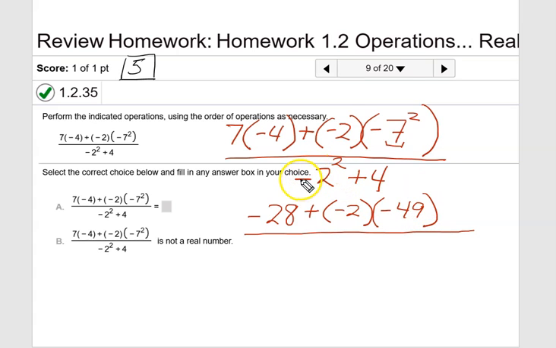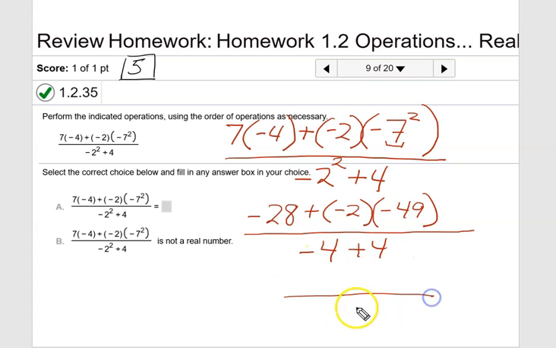Now, when we square this 2 here, is it negative 2 being squared or just the 2? Same as what applies there. Just the 2. So this is going to be a negative 4 plus 4. Now, theoretically, you can complete this, but notice what's going to happen in our denominator.